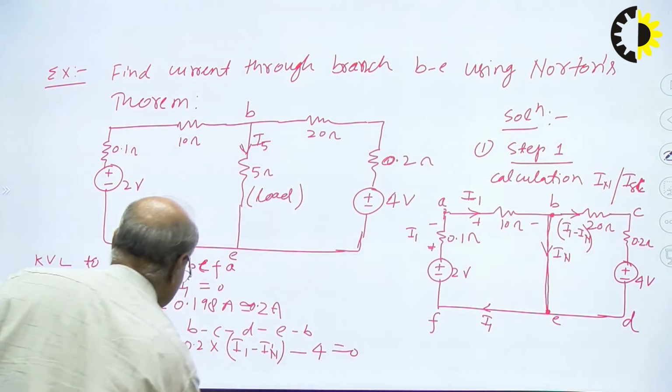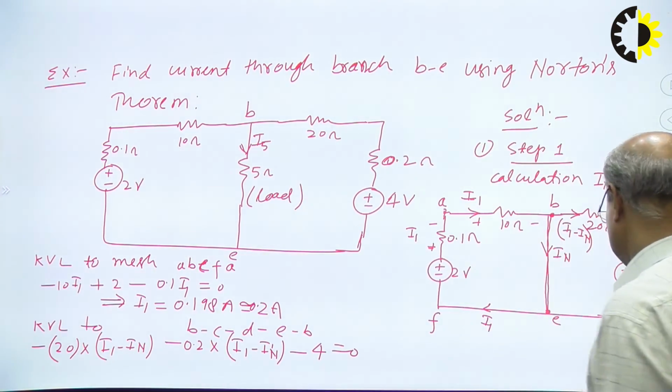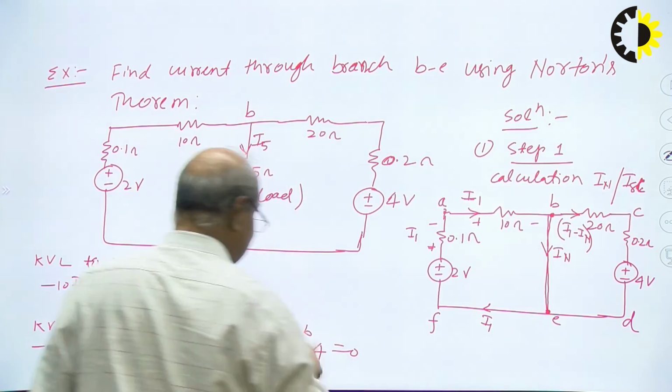And again we have to add this drop. We are tracing this way, moving from higher to lower voltage, so we take it as negative.